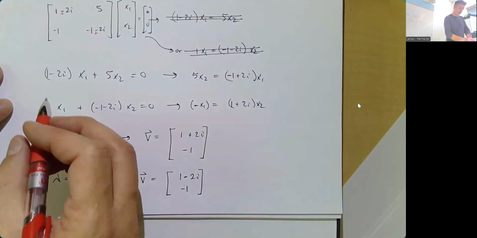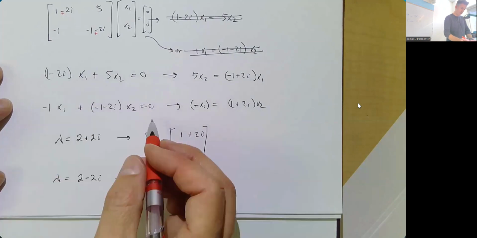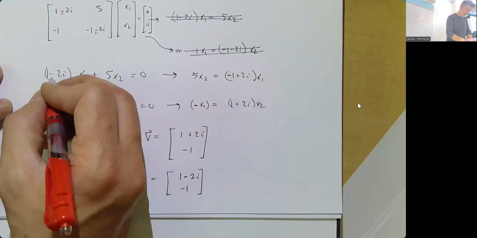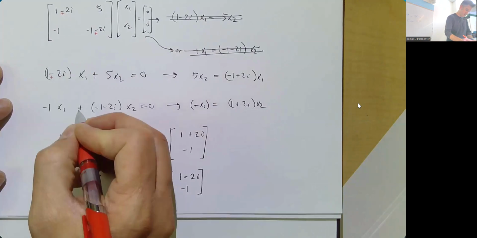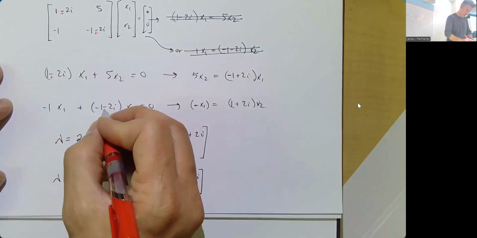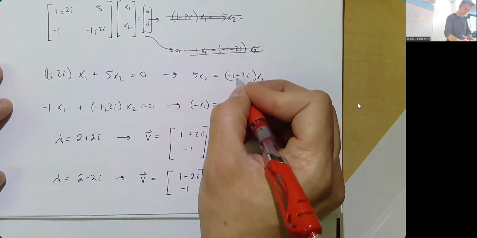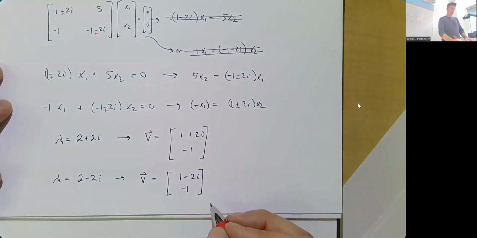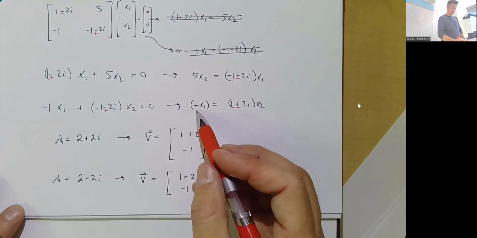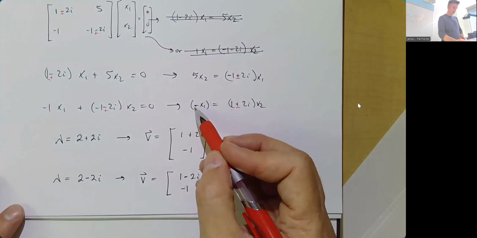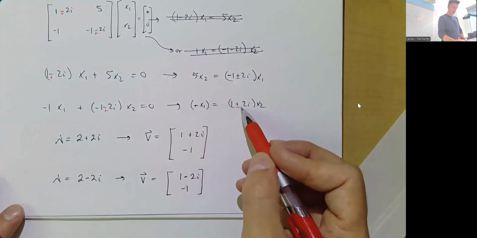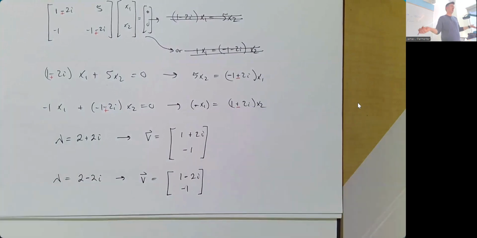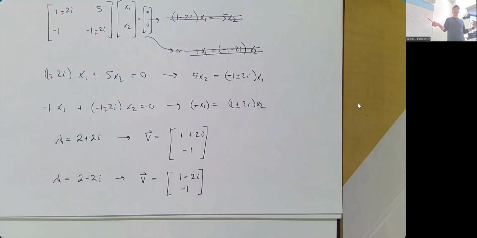And then doing it the right way, you get a plus here and a plus here, and so that becomes a minus there, a minus there. And so if I'm using this one, my eigenvector's x2 coordinate is -1 and the x1 coordinate is 1 minus 2i. So literally just changing all the imaginary pieces to their opposite sign changes the eigenvector's imaginary pieces to their opposite sign.